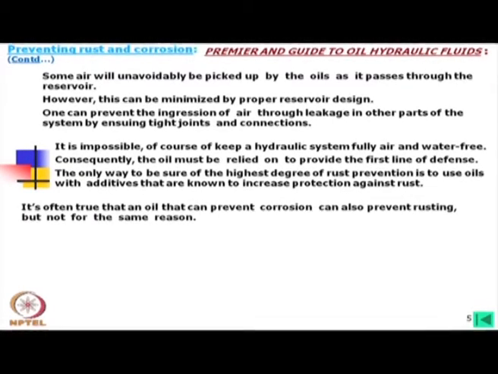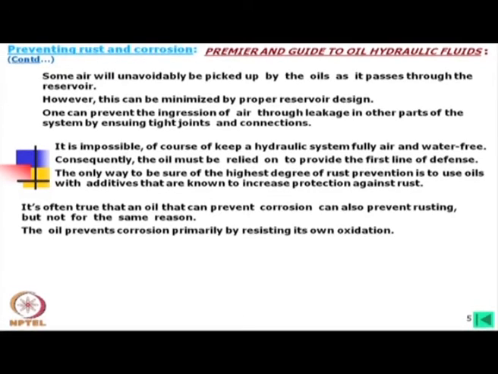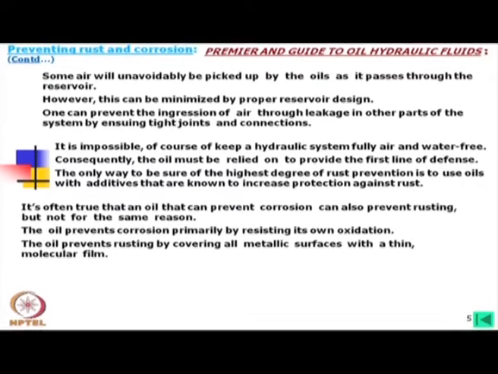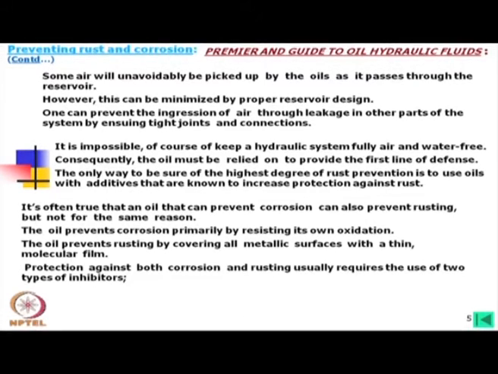It is often true that an oil that can prevent corrosion can also prevent rusting, but not for the same reason. The oil prevents corrosion primarily by resisting its own oxidation. The oil prevents rusting by covering all metallic surfaces with a thin molecular film. Protection against both corrosion and rusting usually requires the use of two types of inhibitors.